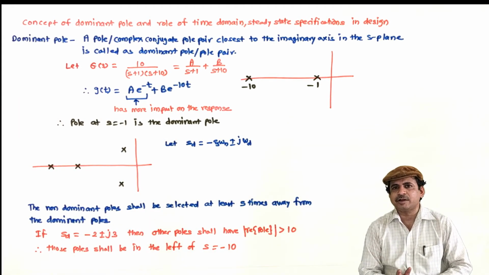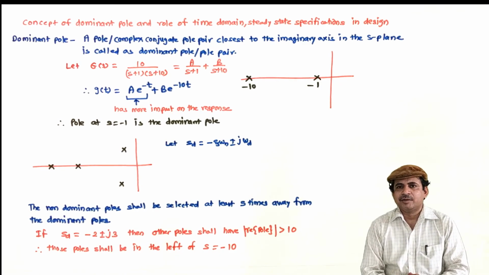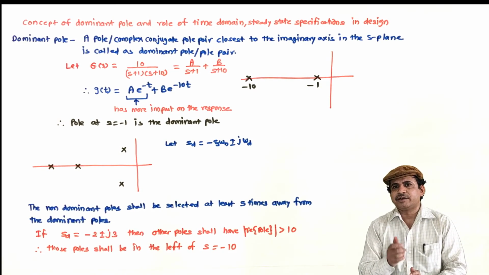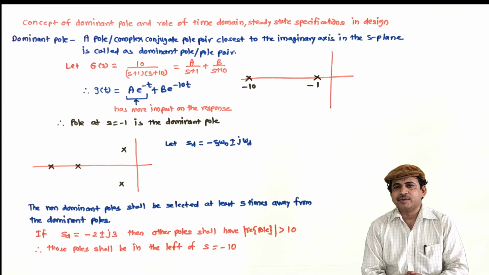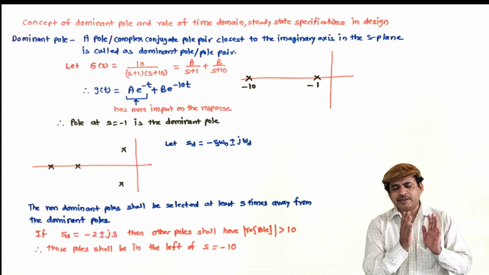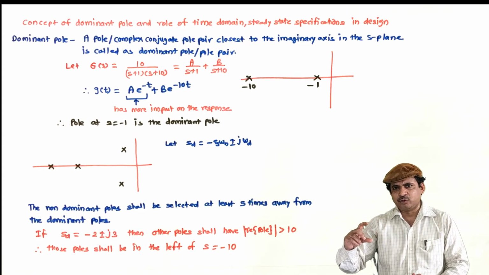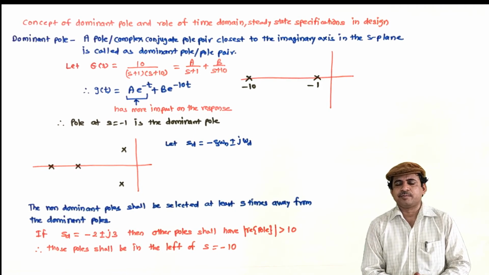So this is done if you are designing the system with the higher order. In case our design methodology requires lower order model, then if you have the higher order system with two dominant poles and remaining poles non-dominant, then directly you can eliminate those poles and you can design the controller for the remaining two dominant poles.